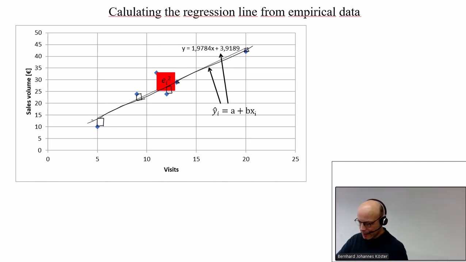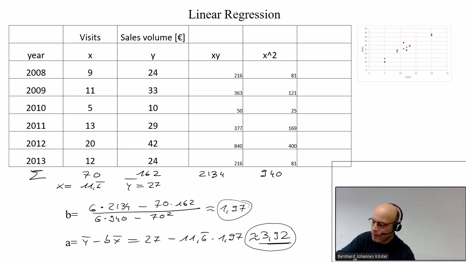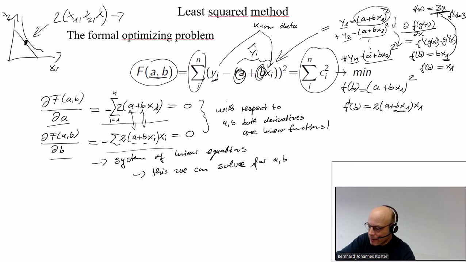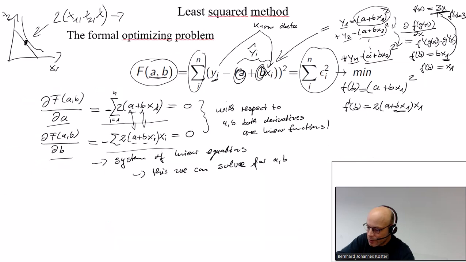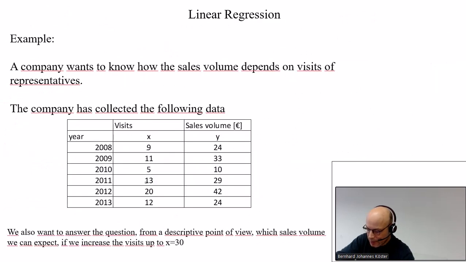And the last aspect then was, why did our manager ask for this? Well, the starting question was, should I hire a new person? Because I want to forecast how much my sales volume would increase if I increase the number of visits to 30.